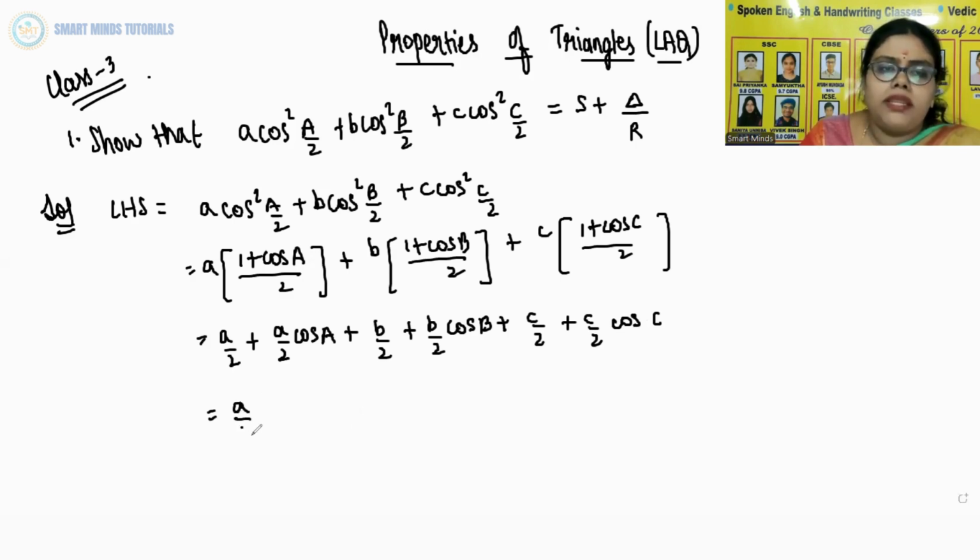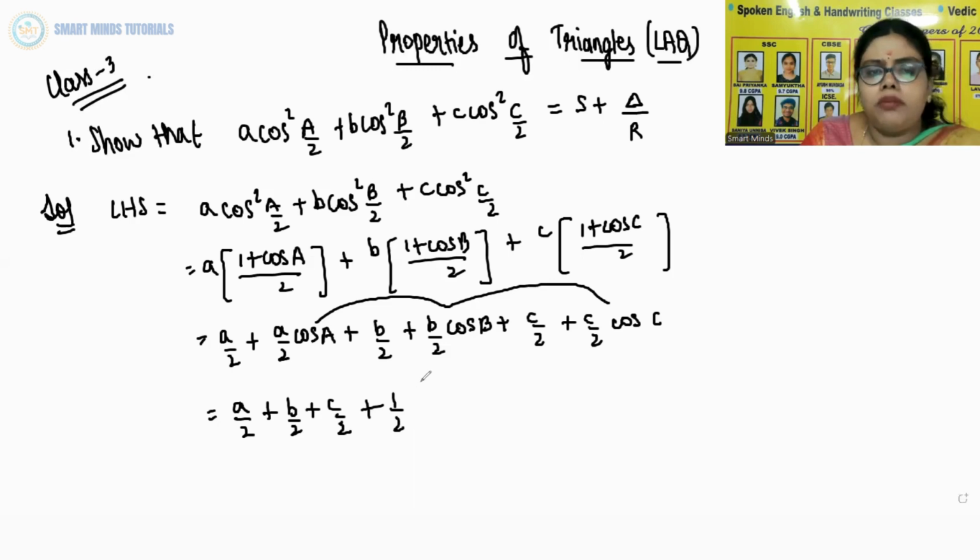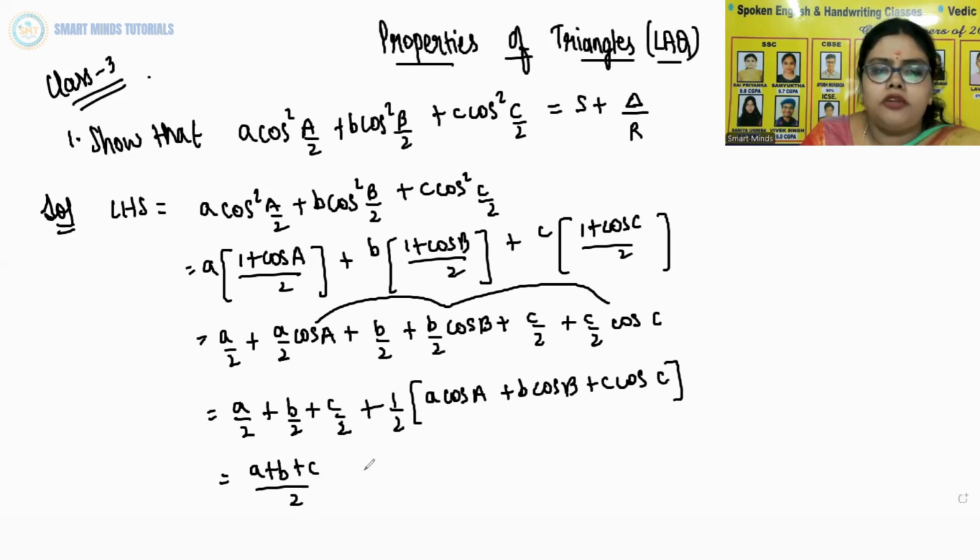Now I am writing A by 2 plus B by 2 plus C by 2. Then from these three terms, if I take 1 by 2 common, we get A cos A plus B cos B plus C cos C. Now this can be written as (A plus B plus C) by 2 plus 1 by 2 into.